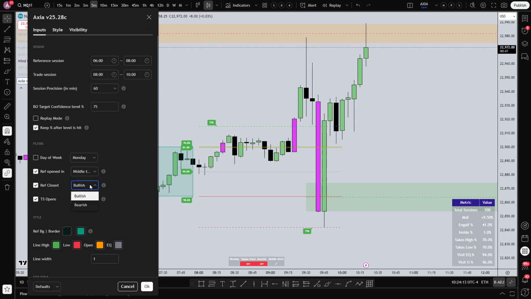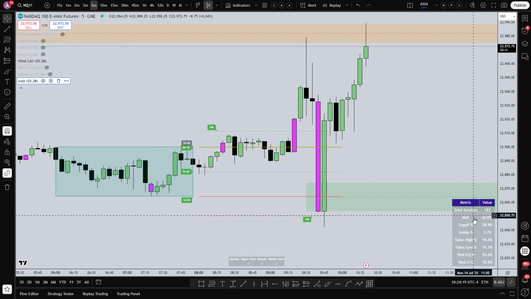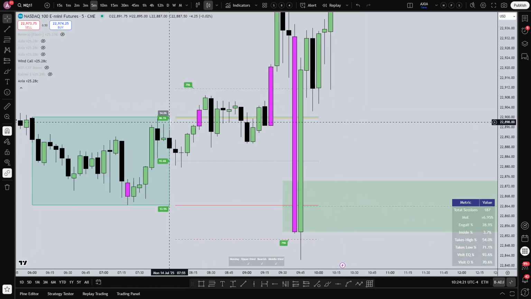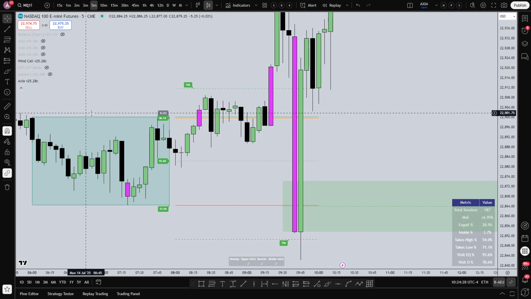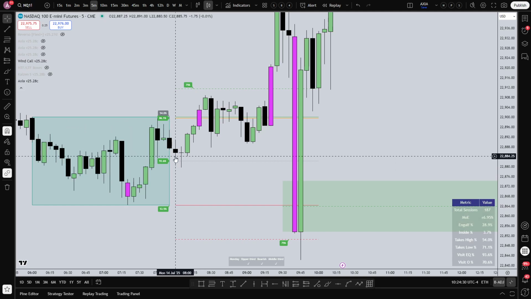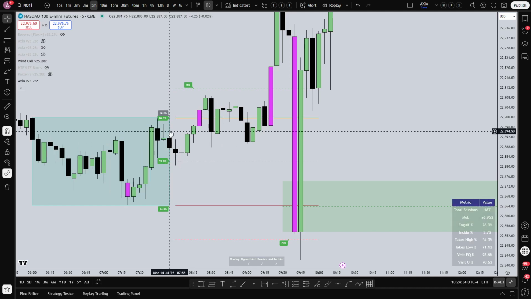So it is bearish. Okay, cool. My trading session is 8 to 10. My range session is 6 to 8. There's a 93% probability of hitting this. The trade session, not market, opens here at 8.